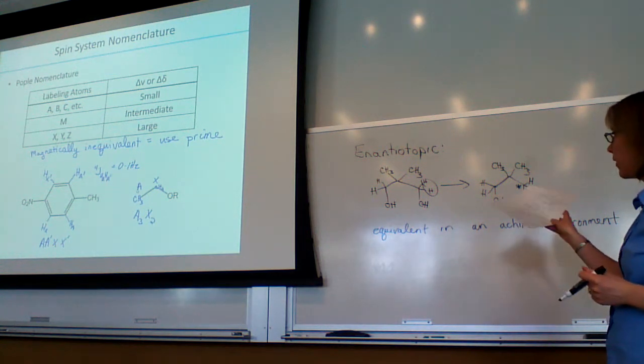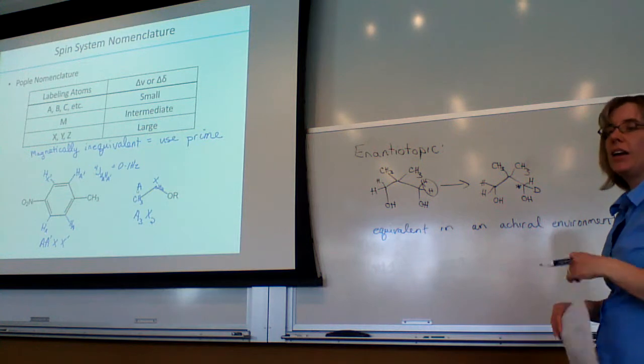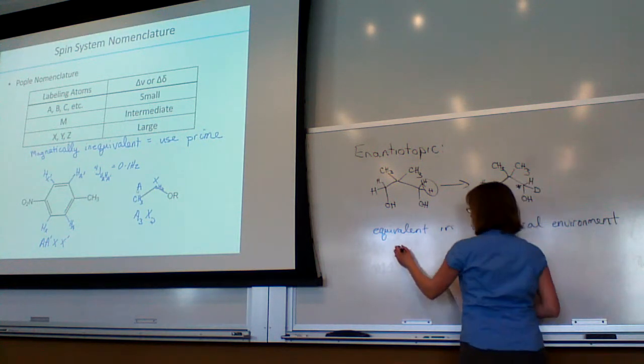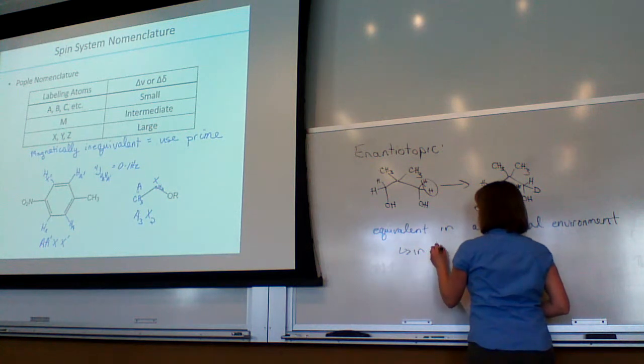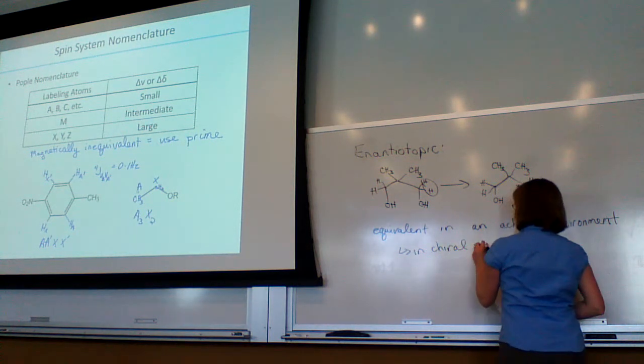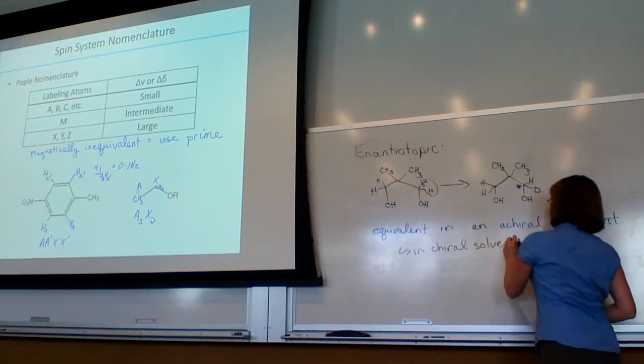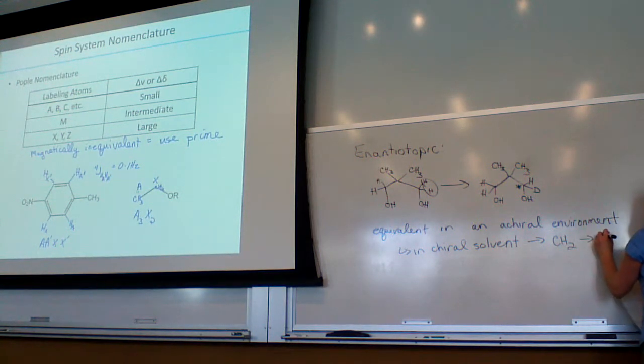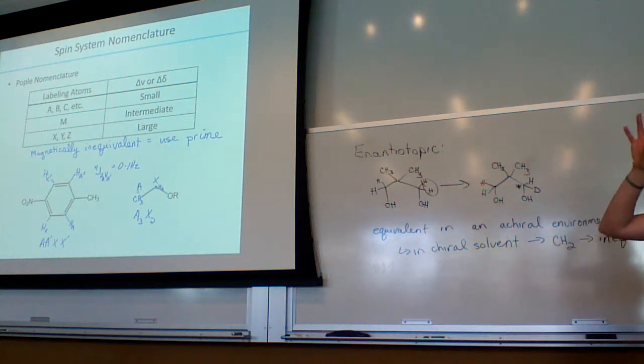If, however, we were to put this in a chiral environment, like a chiral solvent, all of a sudden those CH2s are going to be inequivalent, because they're going to interact with the chiral solvent in a different manner.